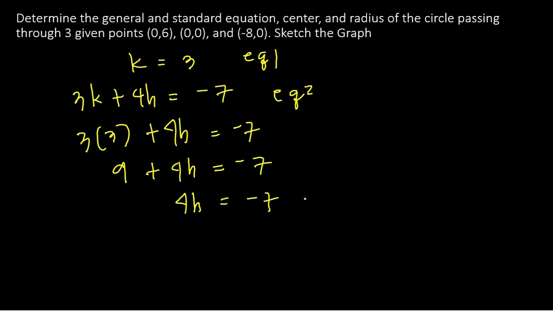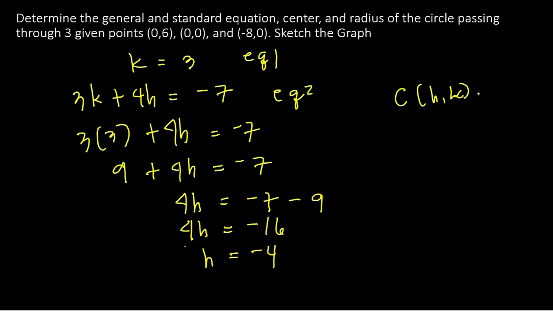So transpose natin si 9. So magkakaroon tayo ng negative 9. And 4h is equal to negative 16. So we may divide both sides by 4. So magkakaroon tayo ng h is equal to negative 4. So nakuha na natin yung hk natin. So yung ating center, o yung ating hk, ay equal siya sa negative 4 and 3.